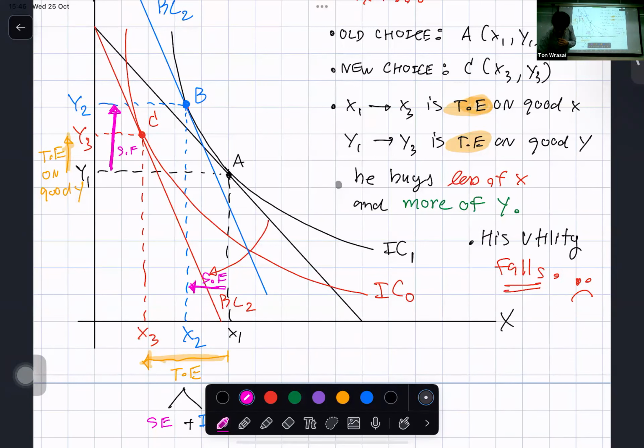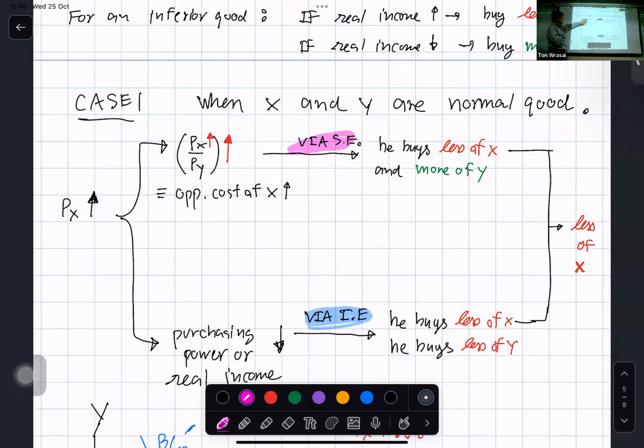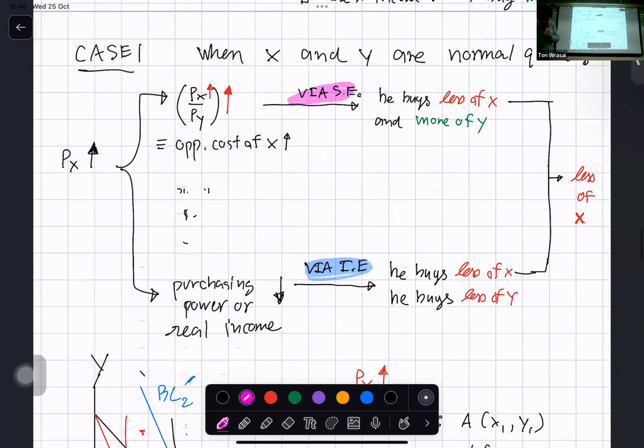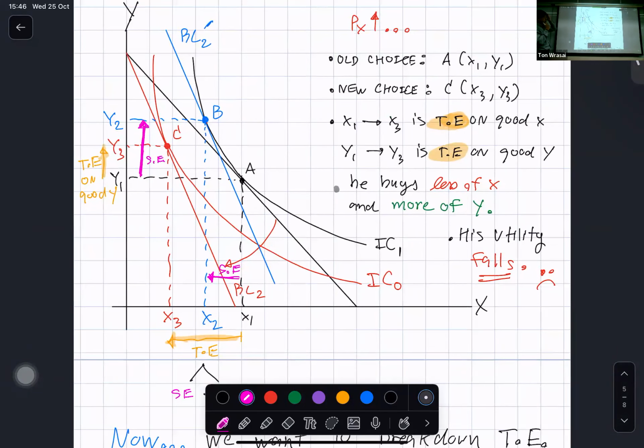The substitution effect, the pink effect, is consistent with our flow diagram above. The substitution effect brings him to buy less of pizza and more of Pepsi.